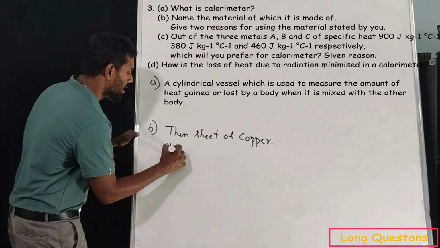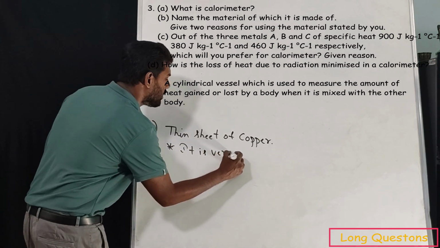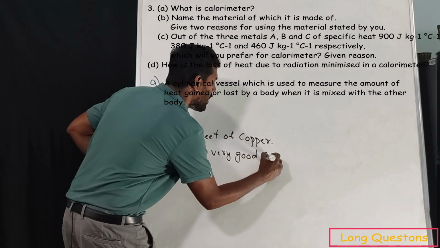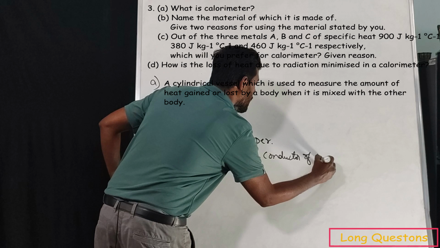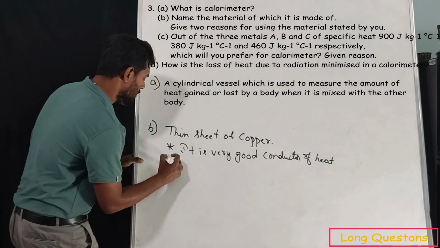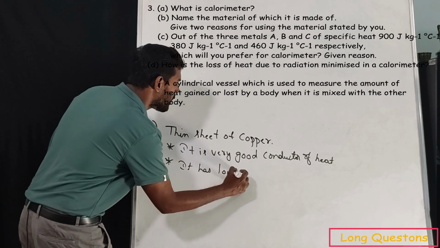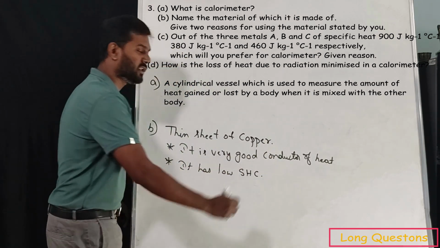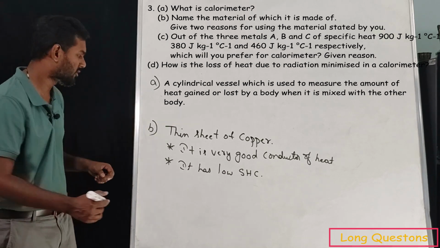Because it is a very good conductor of heat, and it has low specific heat capacity. These are the two reasons why we have to select the thin sheet of copper.